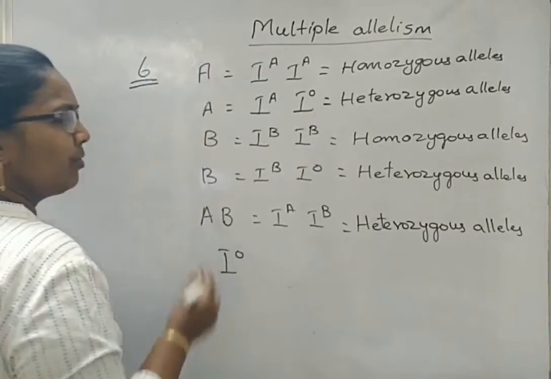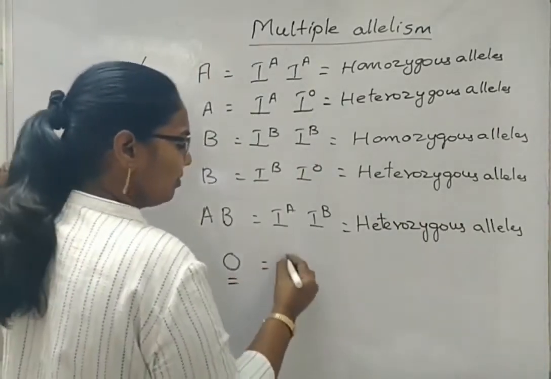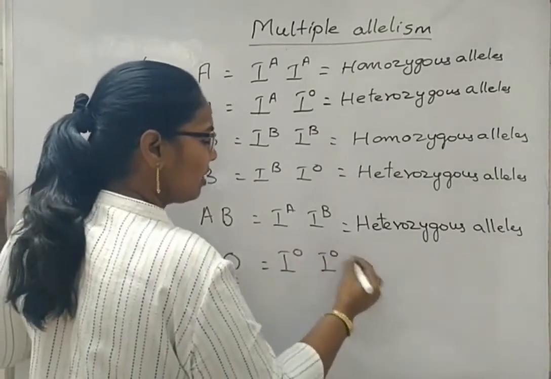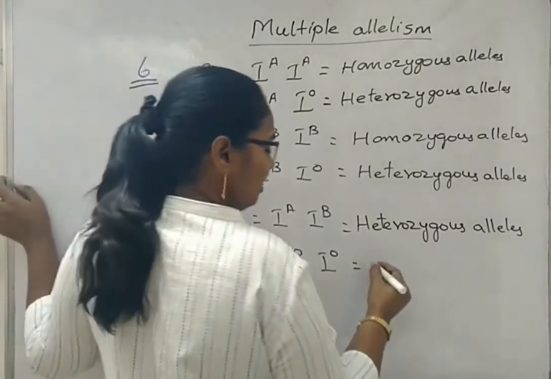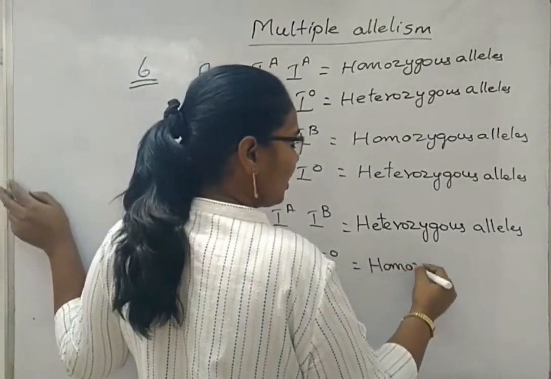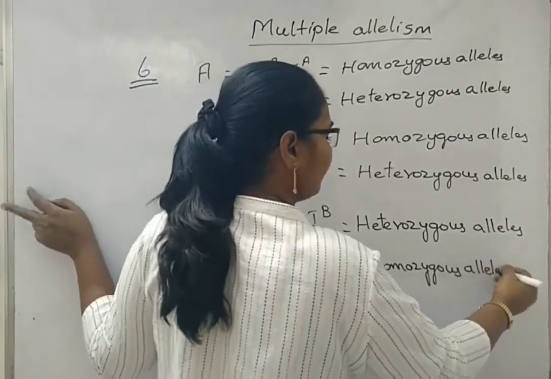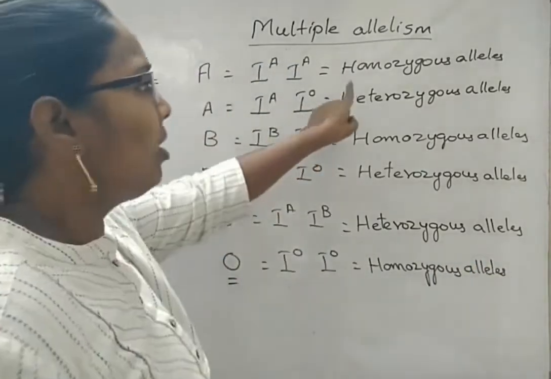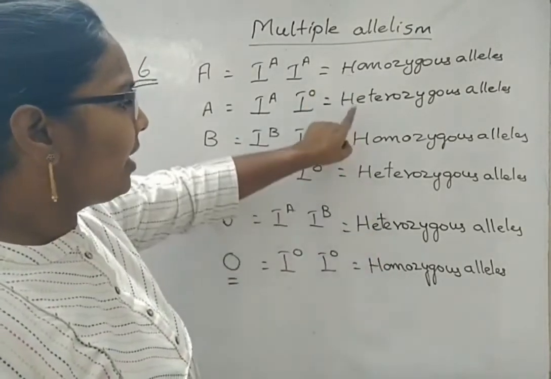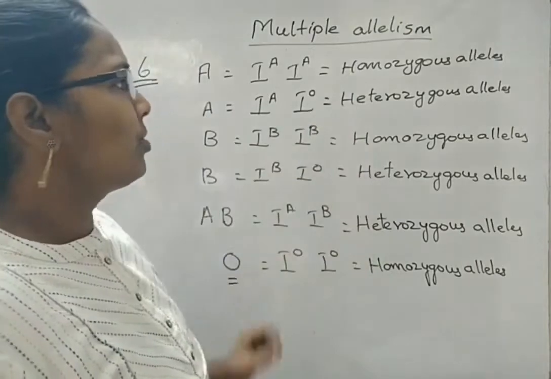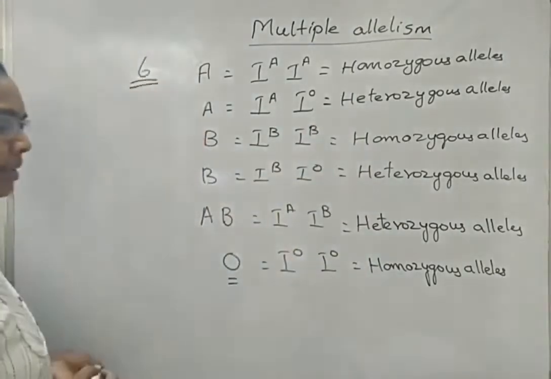Another blood group is O. Now, the alleles that are responsible are again of same type, that is immunoglobulin O, immunoglobulin O. These are called as homozygous alleles. So totally how many are homozygous? 1, 2, 3. How many are heterozygous? 1, 2, 3. So homozygous are 3 in number, heterozygous are 3 in number.